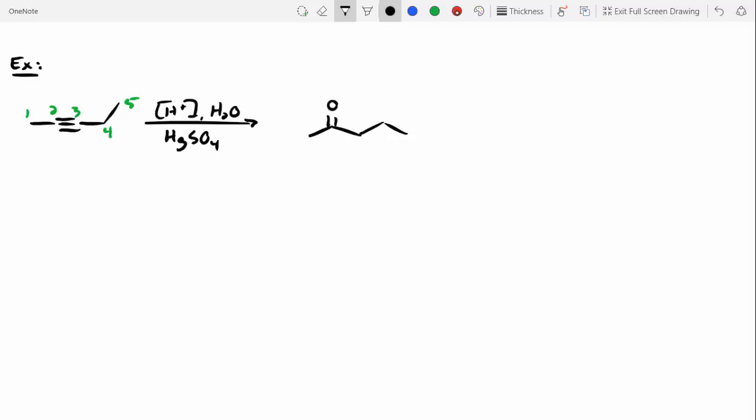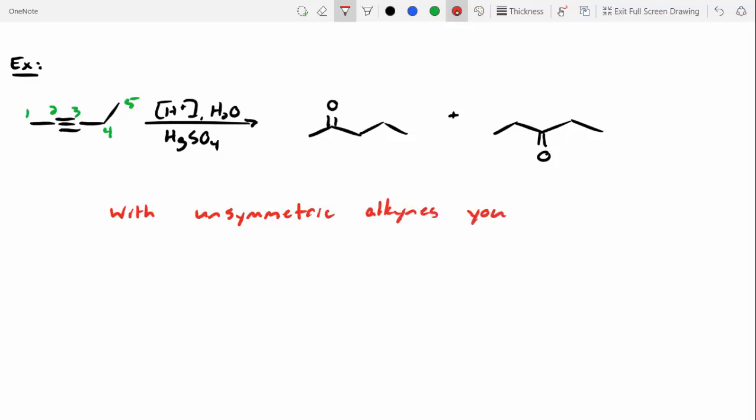So 1, 2, 3, 4, 5, plus this ketone. So the main takeaway is that with unsymmetric alkynes, you get a mixture of products.